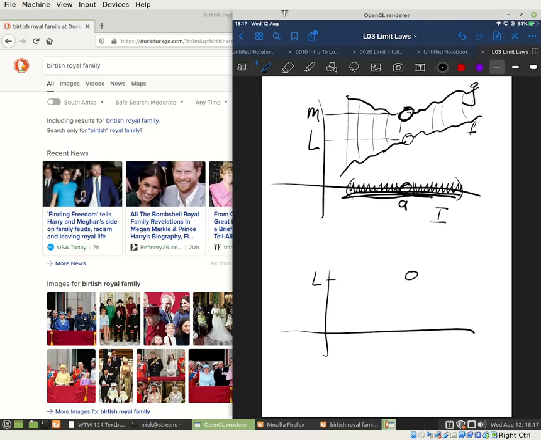So we are supposing that L is greater than M. And the limit of f is L, and the limit of g is M. So we see here, if we suppose L is greater than M, that we have this positive distance between L and M. And so we can use this positive distance to separate these two points.